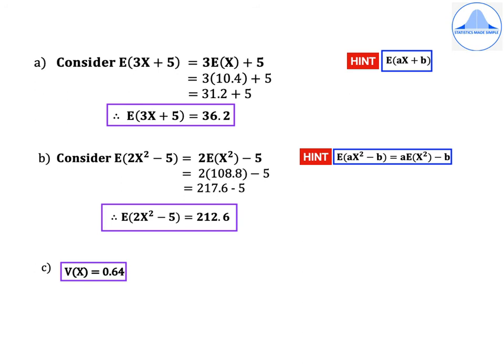So you get 2 E of x square minus 5, which is equal to 2 into 108.8 minus 5, which is 217.6 minus 5. Therefore, E of 2x square minus 5 is equal to 212.6. In the third subdivision, we just have to write down V of x, which we have already calculated, that is equal to 0.64.